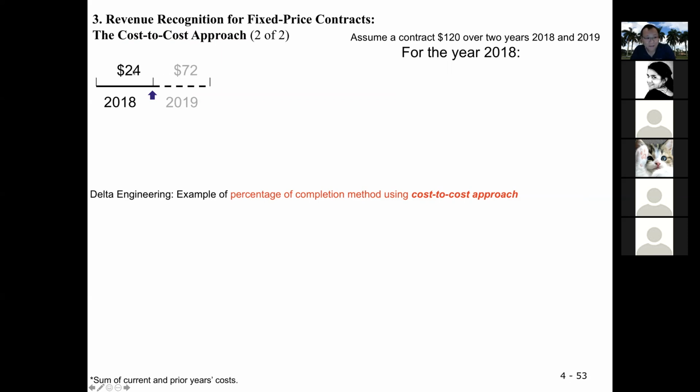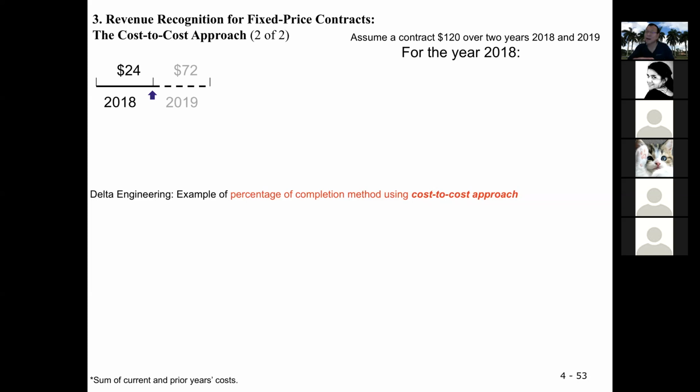This black color means a real, actual number. This green number means it's to come, an estimation. We are not there yet. We are still standing at the end of 2018. So what's the estimated percentage of completion? Can anyone tell me? At this point, what is the estimated percentage of completion for 2018?